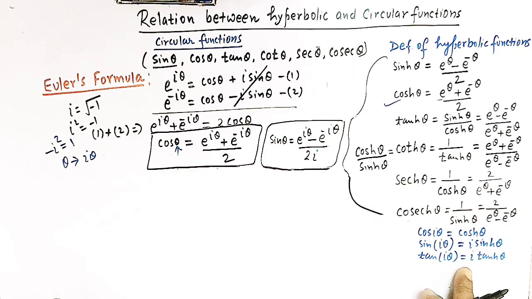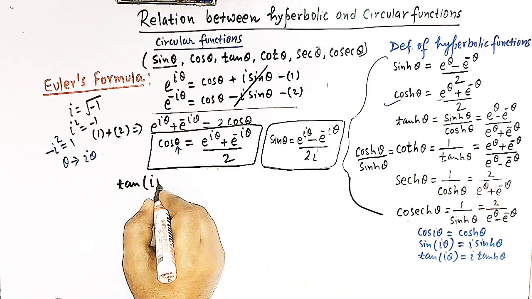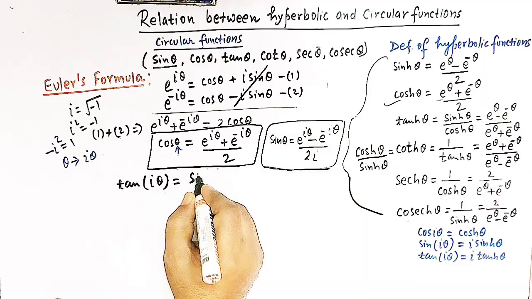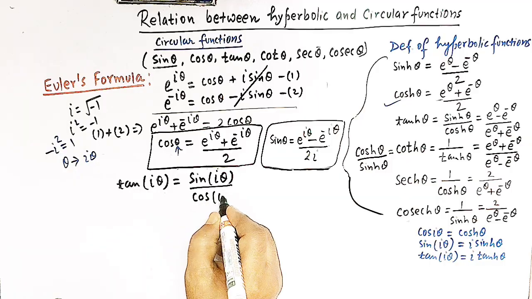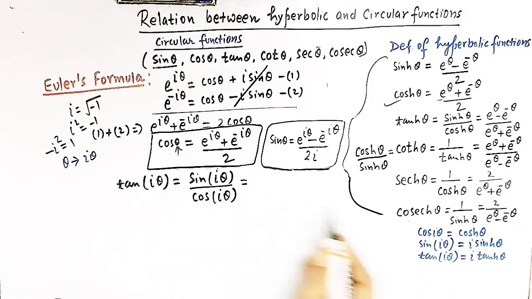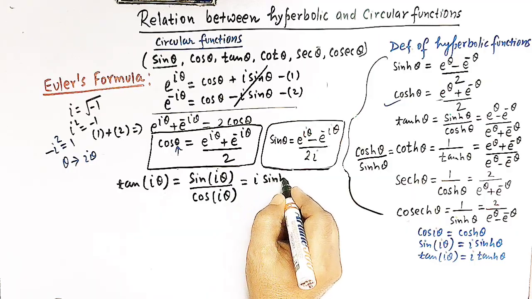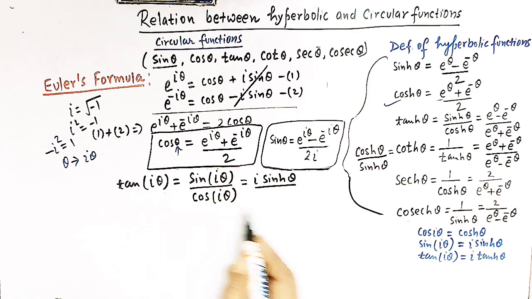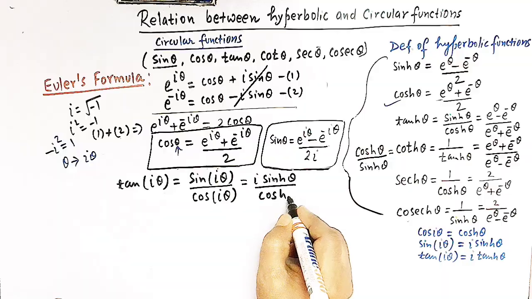So now there is another way to derive this relation, right? We can directly write tan(iθ) as sin(iθ) divided by cos(iθ). So now taking the help of these two relations, we can write sin(iθ) as i times hyperbolic sine of θ, and cos(iθ) is equal to the hyperbolic cosine of θ.